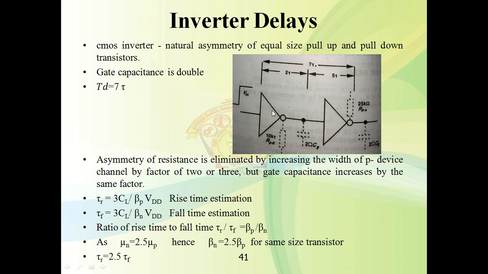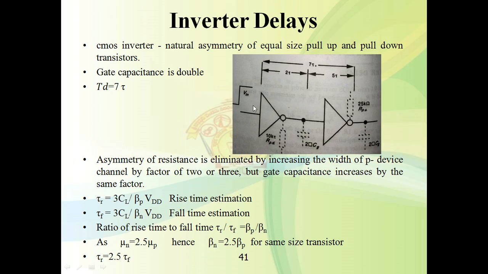This is PMOS and this is nmos, and you know that the mobility of holes is 2.5 times less than the mobility of electrons. Hence the pull up transistor is a PMOS transistor, and it will have more resistance because of the lower mobility of holes.